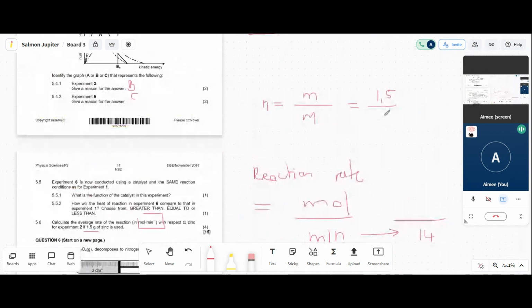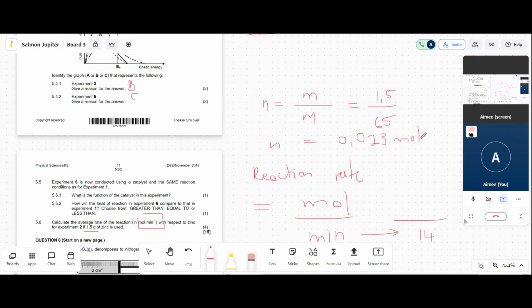The approximate relative atomic mass for zinc from your periodic table is 65, which means your number of moles is equal to, you plug that into your calculator, 1.5 divided by 65 gives you 0.023 moles.